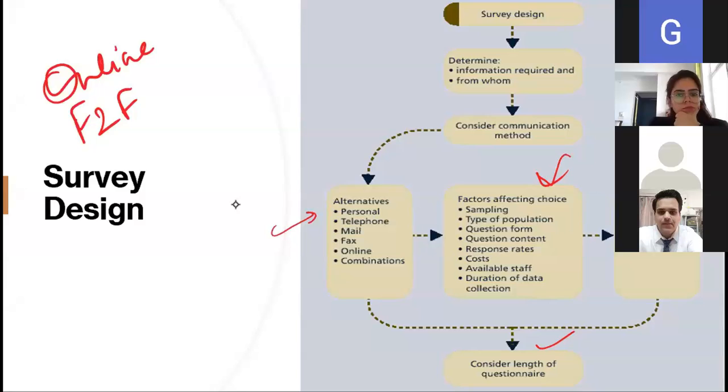Ma'am, face to face it should be shorter. Online it can be longer. No, it's the other way around. For online studies, you try to keep it to like 10 to 15 minutes. Have you seen YouTube channels? There come these short surveys.